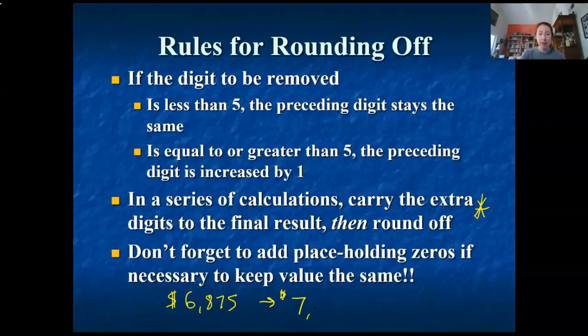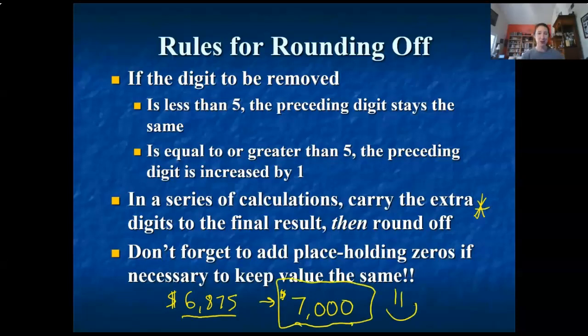This is what I mean by placeholding zeros. You can't round $6,875 to $7. It rounds to $7,000. Now, if the bank did that, you'd be like, yay, I just made extra money, right? Because we rounded up.